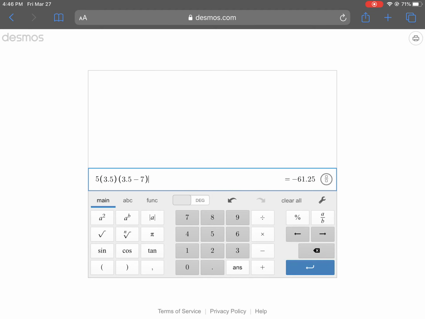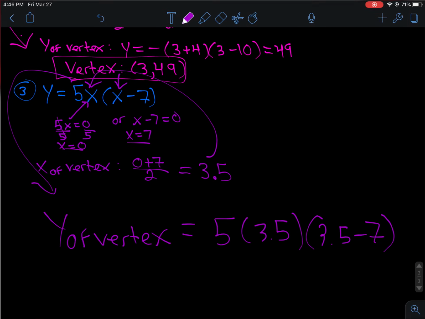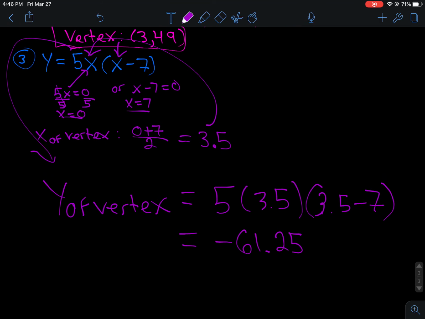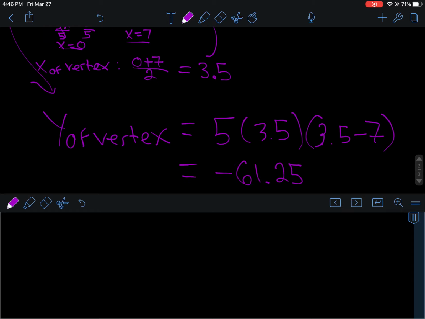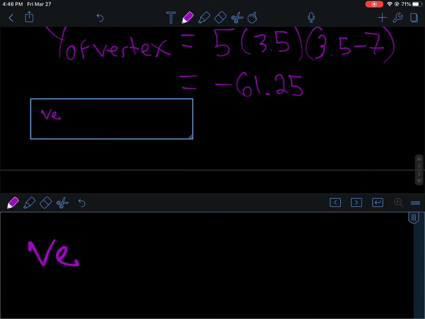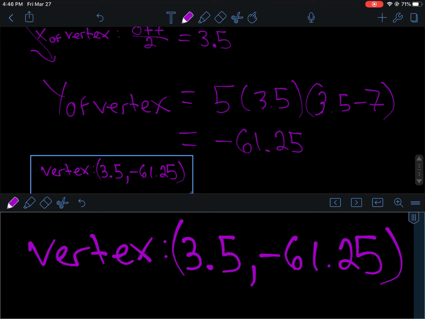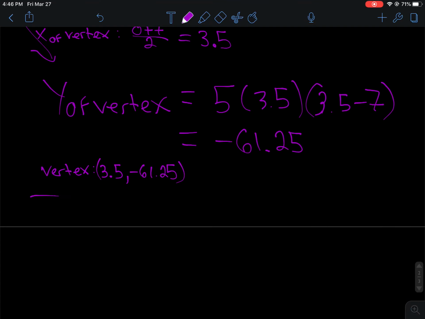And you get an answer of negative 61.25. So my vertex in this problem will be 3.5, comma, negative 61.25.